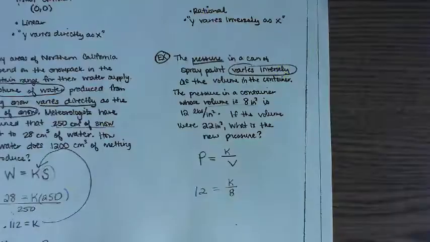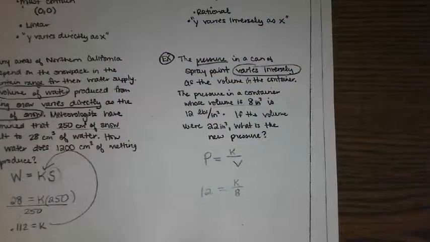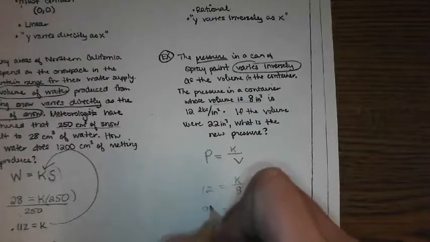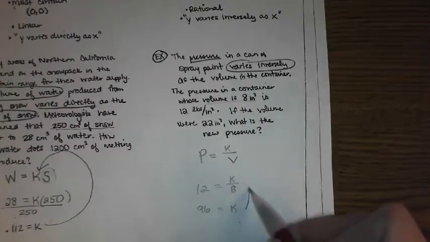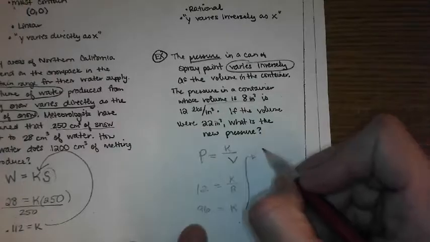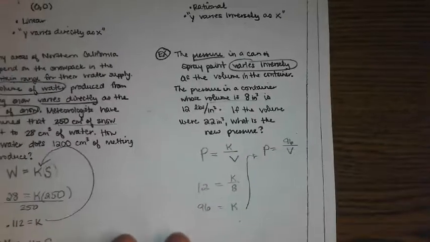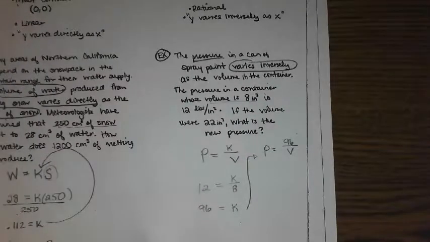So we multiply both sides by 8, get k equals 96, and then that k is going to be our k for the rest of the problem. P equals 96 over V. That's the constant of variation linking pressure with volume.